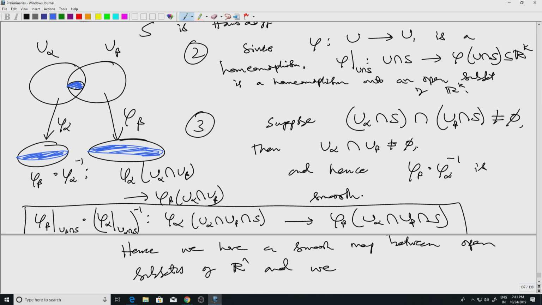So I know that this overall transition map from here to here is smooth, and I want to know that when restricted to this blue part, it's smooth. So the situation is, we have a smooth map between open subsets of R^n, and we would like to know if the restriction of this map to R^k is smooth.